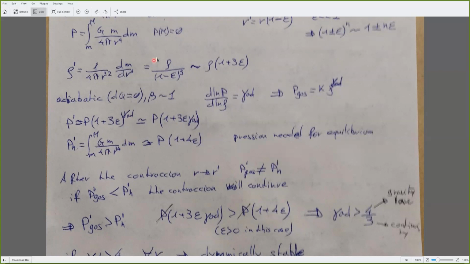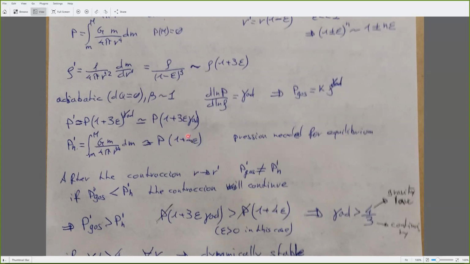From the hydrostatic equation, we have the new value of the pressure that is needed for hydrostatic equilibrium. This one is the pressure that is now in the gas, and this is the pressure needed for equilibrium.